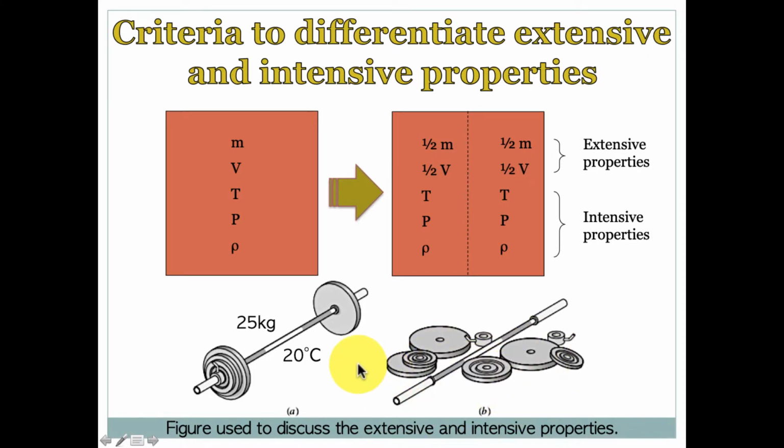So consider the mass properties. The mass of the whole in figure A is the sum of the masses of the parts in B. And this is the same for volume properties.